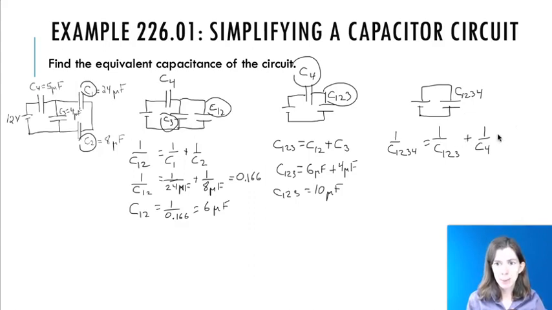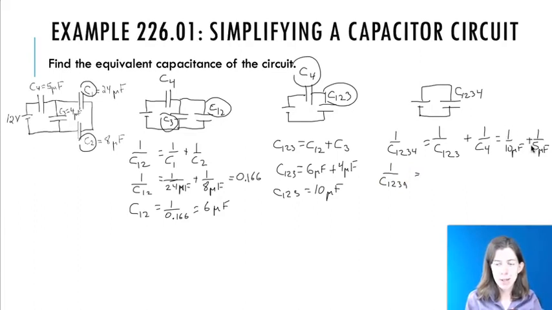It's going to be 1 over 10 microfarads plus 1 over 5 microfarads. And when we plug that in, 1 over C1234 is equal to, what is that?